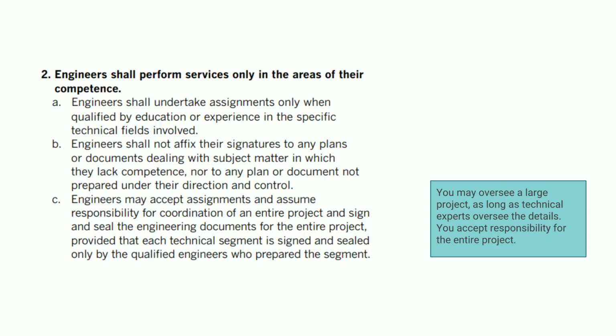If you don't have the proper training, the proper certifications, or the proper license in order to perform some action or engage in some project, then you can't do it.